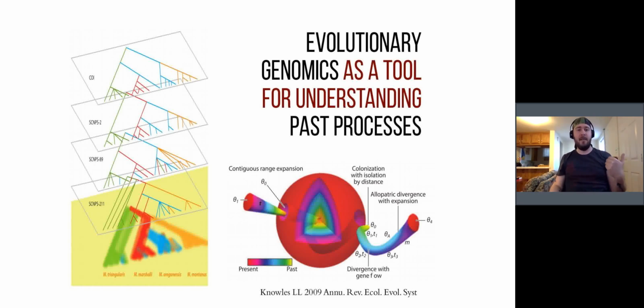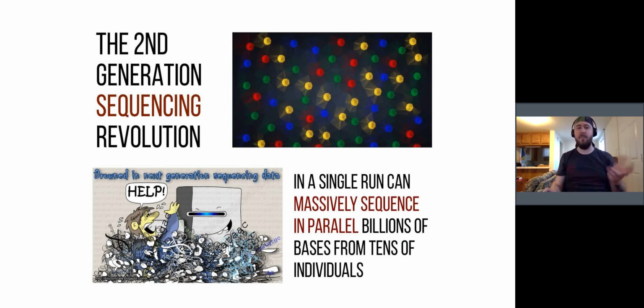Now, in the past, this was very difficult for evolutionary biologists because sequencing one gene, two genes, was pretty hard work. But this all changed around 2010, with the second generation sequencing revolution. What this supplied, as we all know, is it made gene sequencing very easy.